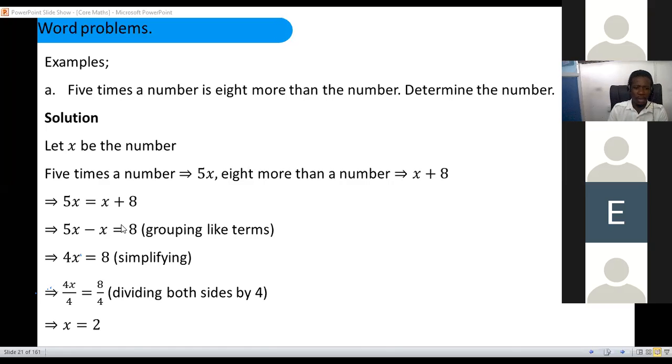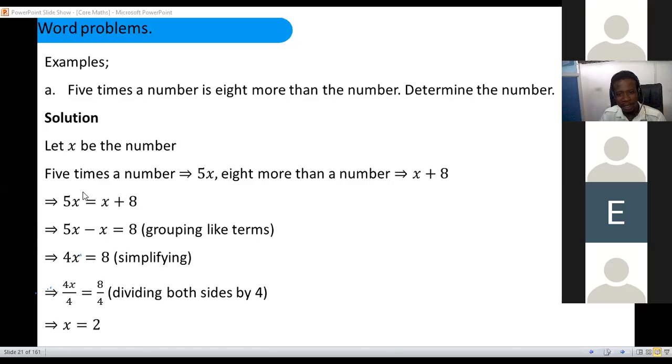Good. We can verify. I feel that anytime you finish any mathematical problem, there's a need for us to verify. It's something we call in word problem or problem solving as looking back. So when the number is 2, 5 times the number 2, that is 10.